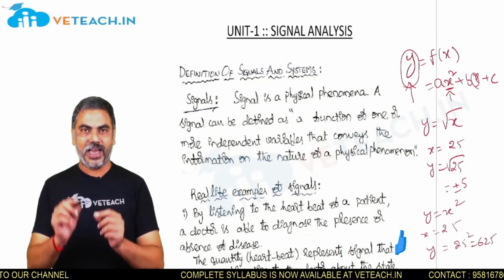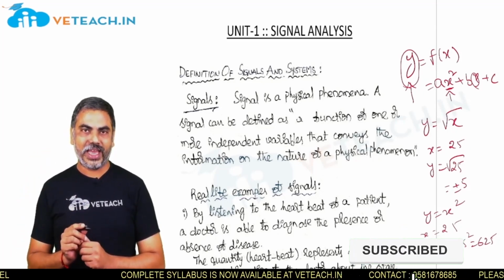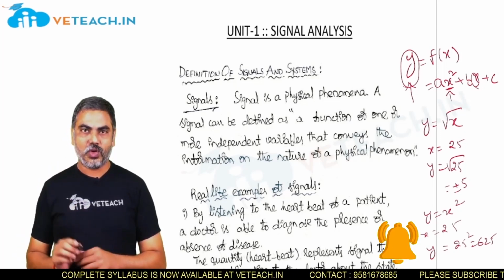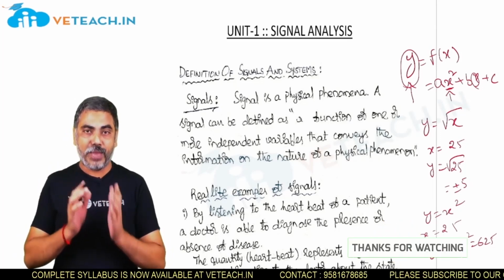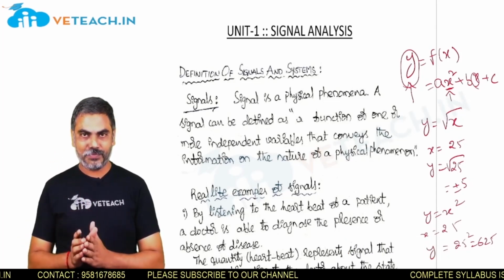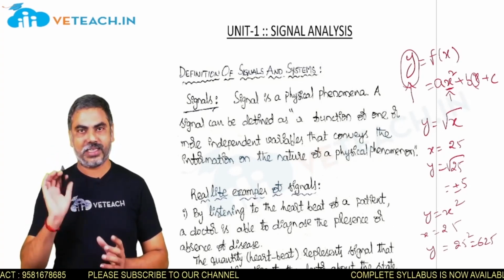So there is a single value for any x value in this function. That's why we can call y equal to x square a single valued function. So a function may be either a single valued function or a multi-valued function. But a signal is always a single valued function.